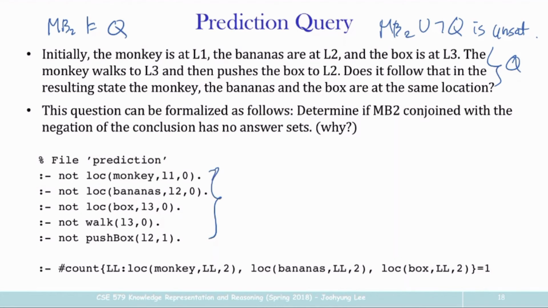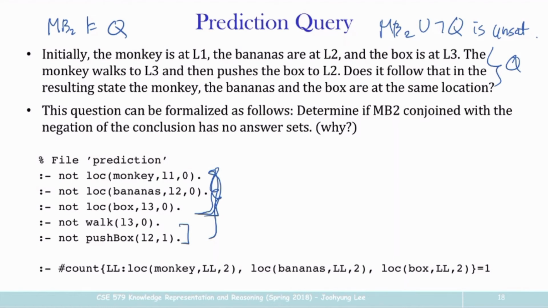Initially, of course, these are the locations of the objects. But we also say the monkey walks to L3, and then the monkey pushes the box to L2. And then we have to say that they are at the same destination. Now, if you negate it, they are not at the same destination, which means they can be at two different locations.